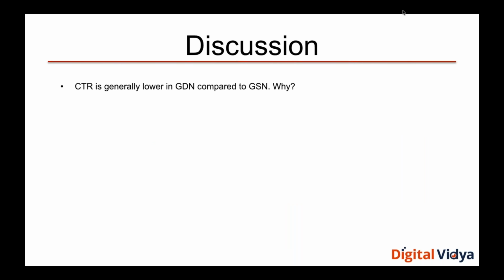So if that is clear, one question: if I say click-through rate or CTR is generally lower on display network compared to search network, would you agree? If yes, why? If no, why? Click-through rate, all of you remember the term click-through rate? Clicks divided by impressions into 100.